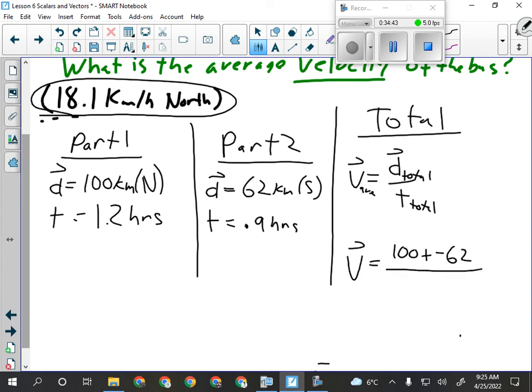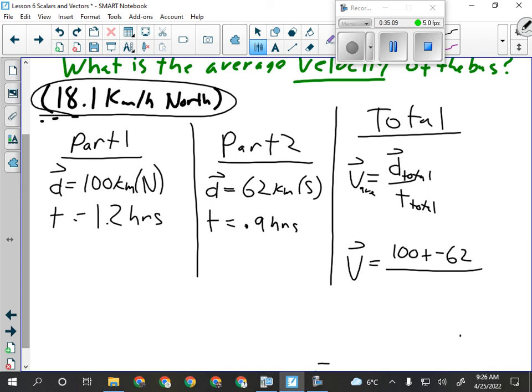Okay. What do I do with the times? I'm looking for total time. What should I do with the times? Same as the distance with one exception. Is time vector or scalar? It's scalar. So I don't make the time for part 2 negative.